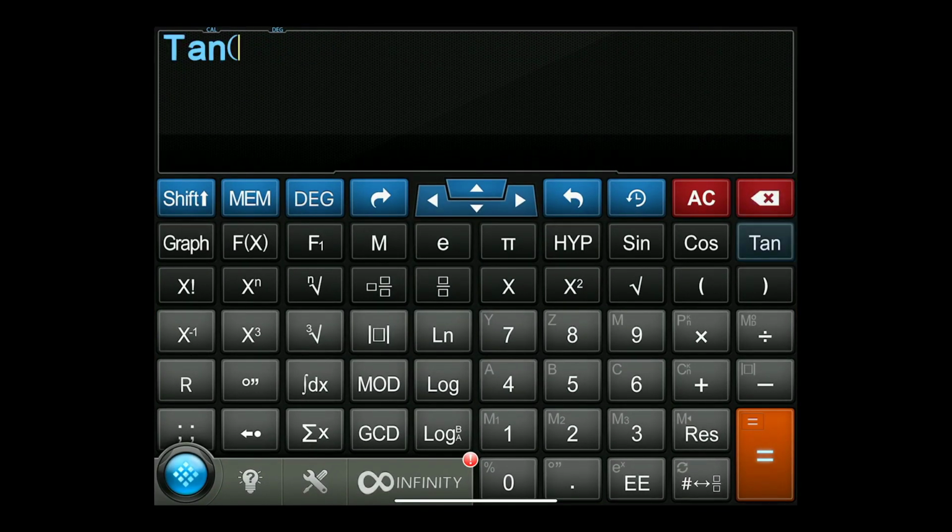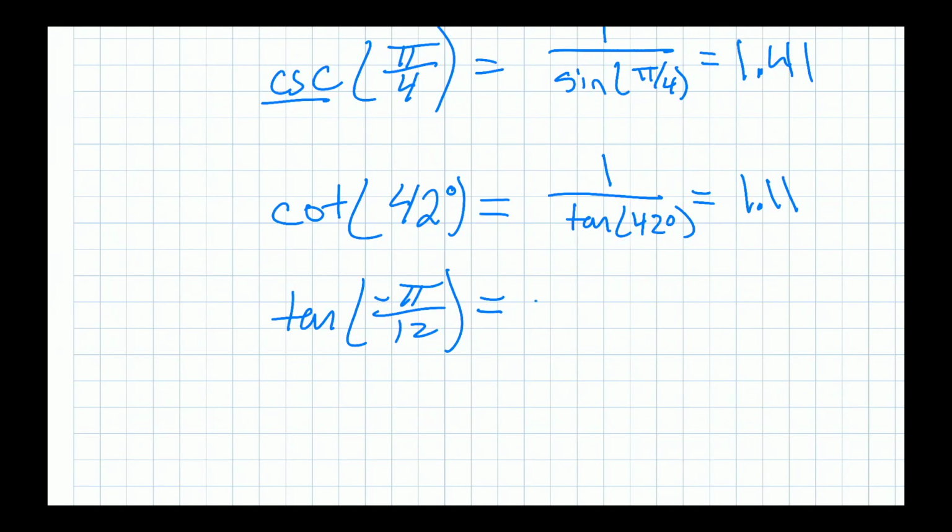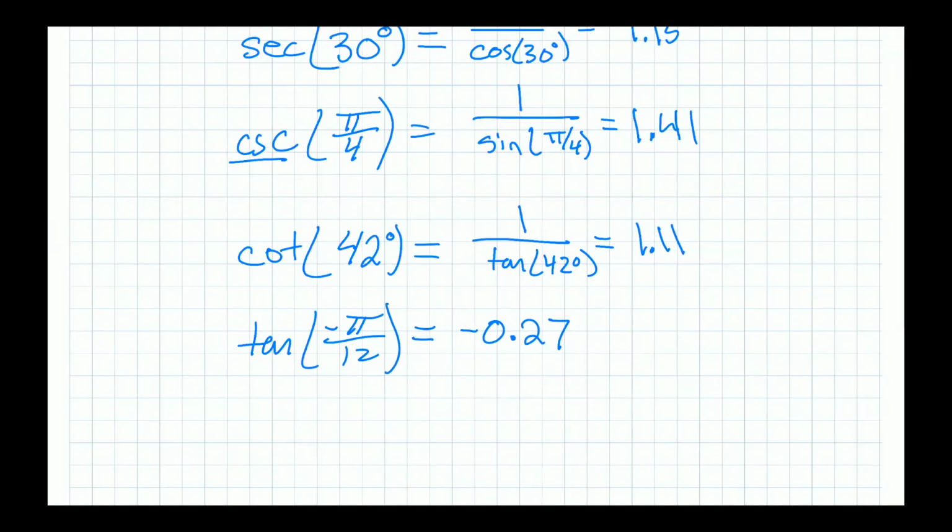You just type tangent negative pi over 12 and make sure that you are in radian mode, because that's radians. Negative 0.26, but that's going to round up, negative 0.27. Okay, so there we go.